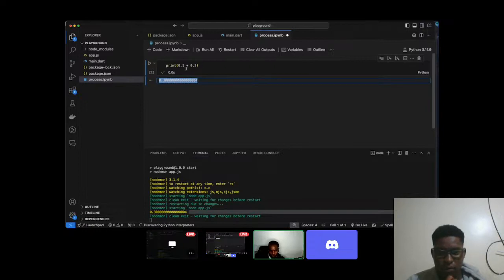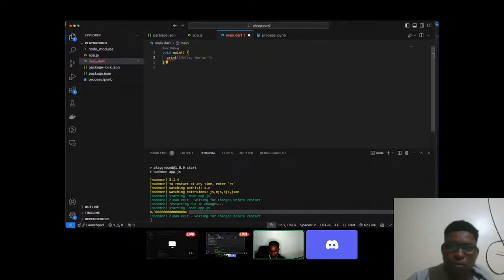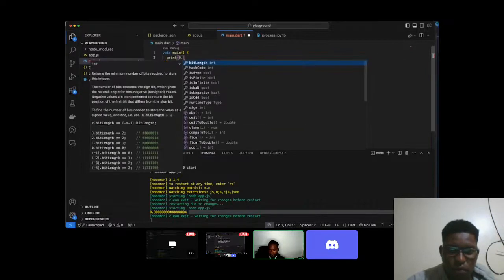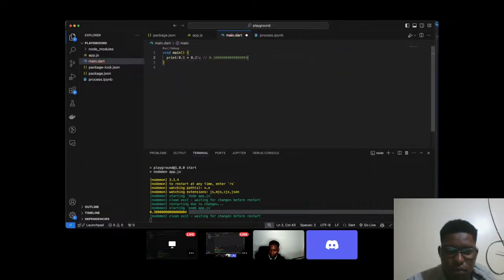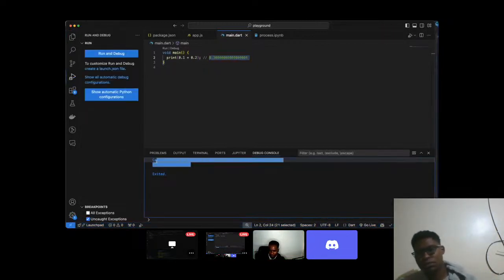That got me even more curious, so I didn't stop there. I decided to try one more language just to confirm. This one was using Dart. I ran the same code, 0.1 plus 0.2, and still got the same output.